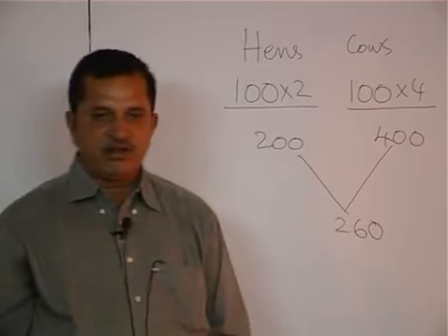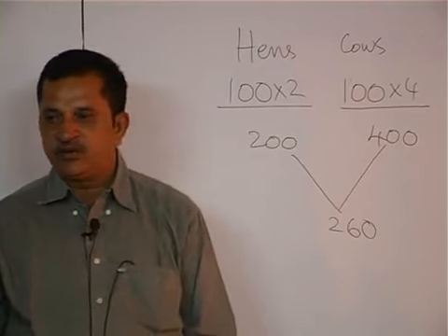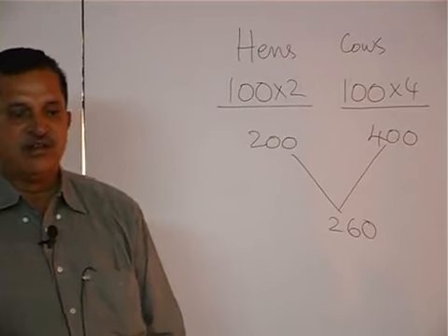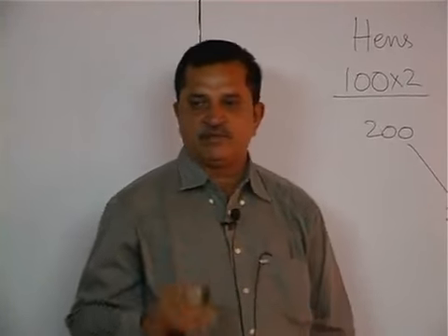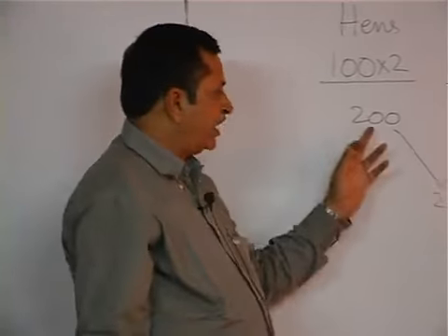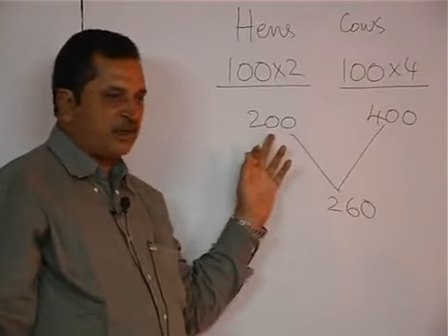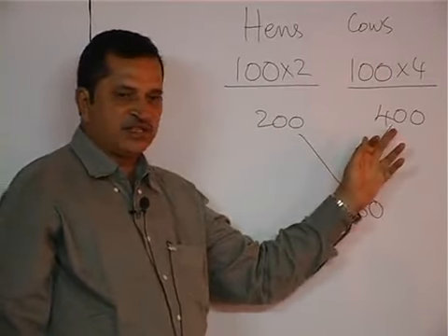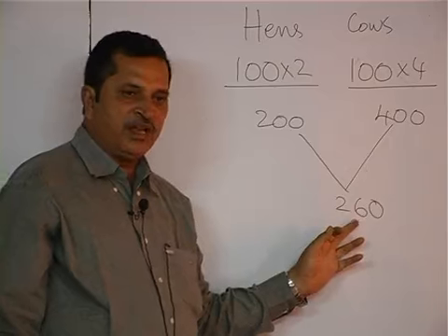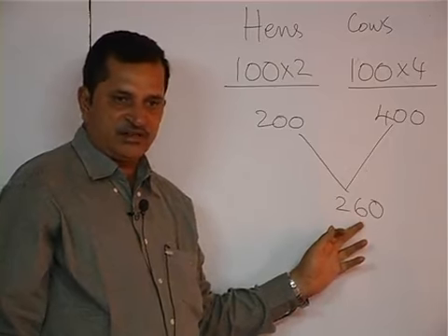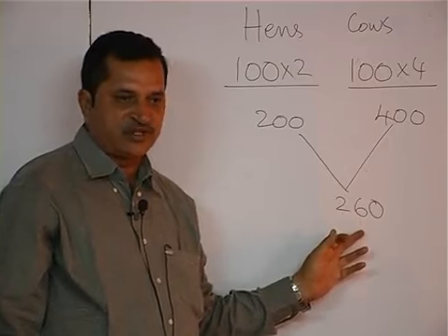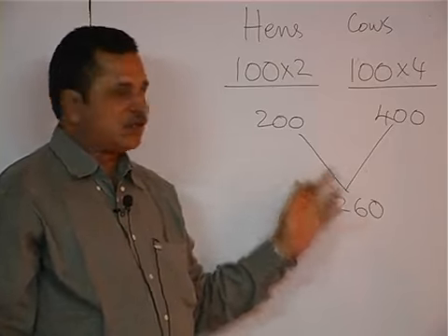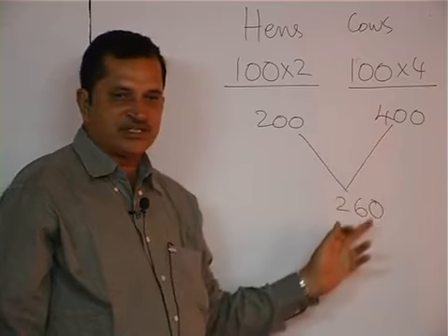So whenever you are solving a problem related to mixers, for finding the ratio required for the problem, you have taken the count of legs here, the mean value, the average of the legs of both cows and hens. So legs and legs you have taken.